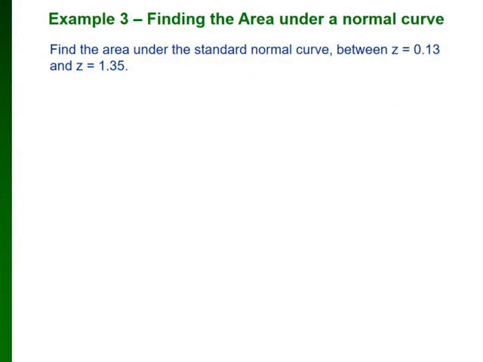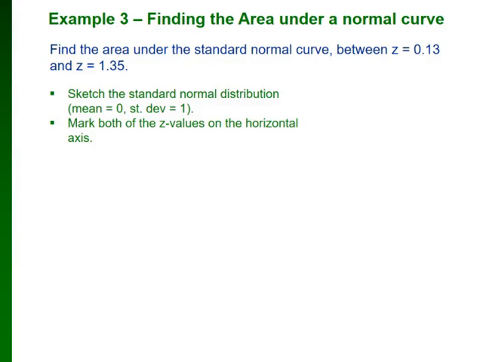Now we're going to find the area under a standard normal curve between two different values. This time we're looking for the area between z equals 0.13 and 1.35. We're going to sketch our picture again. This time we want to mark both of the z values on our horizontal axis.